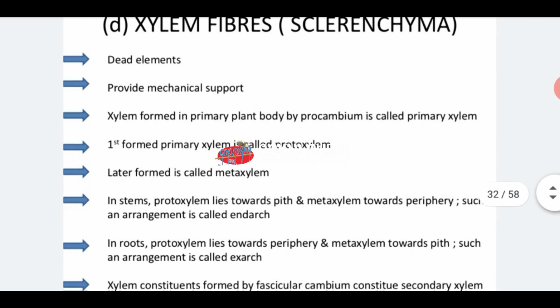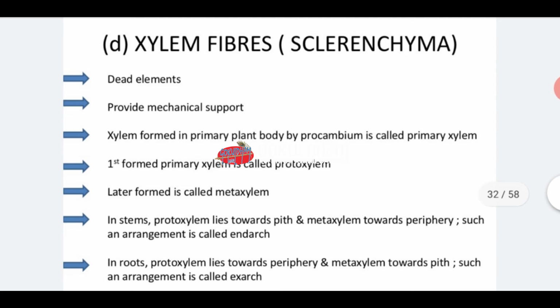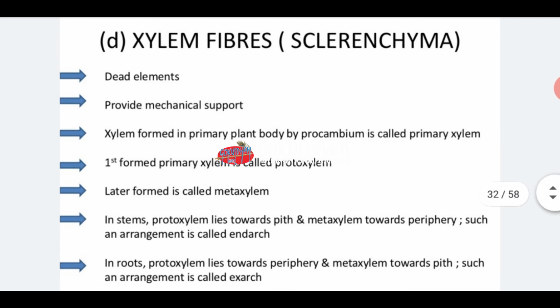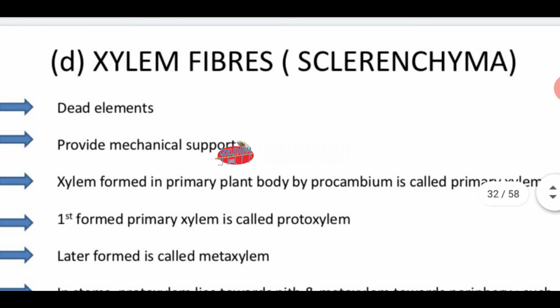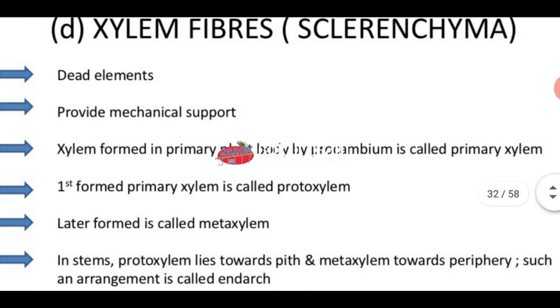Now the next cell which is found in xylem is fibers, which is also known as xylem fibers. The fibers are dead elements, which means these cells are dead, and they provide mechanical support to the xylem and plants. Xylem formed in a primary plant body by the procambium is known as primary xylem.